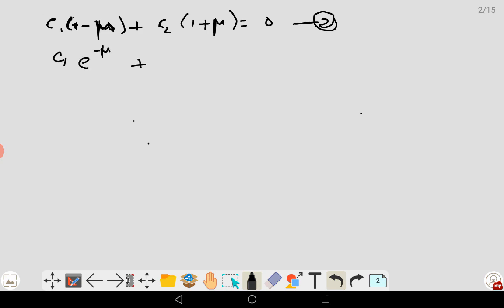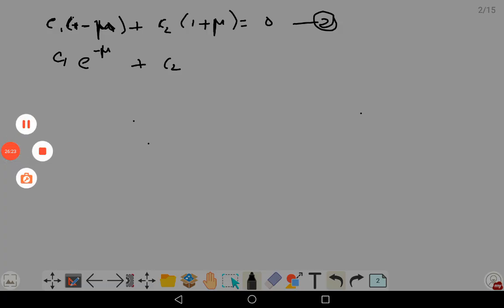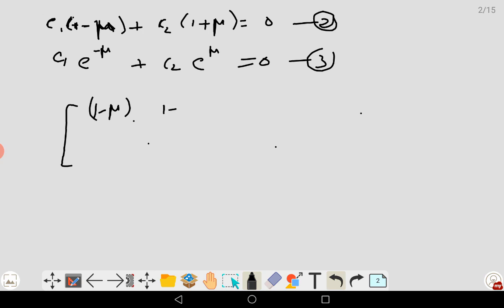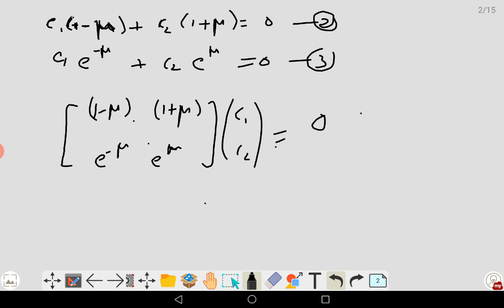C1 e raised to minus mu plus C2 e raised to mu is equal to 0. And to solve such a kind of two equations, we can use any method. I just use the coefficient matrix form. I can write this one as the matrix with first row 1 minus mu, 1 plus mu, and second row e power minus mu, e power mu, multiplied by C1 C2 is equal to 0.